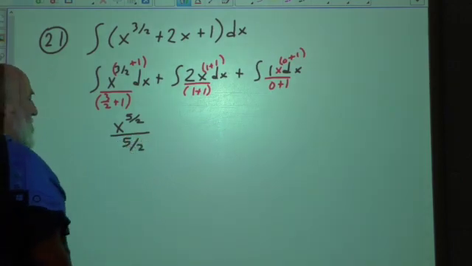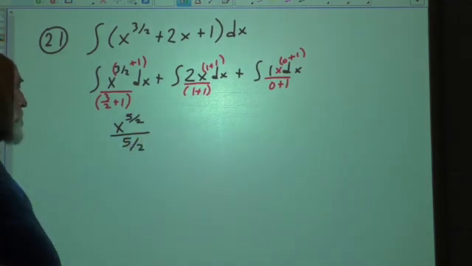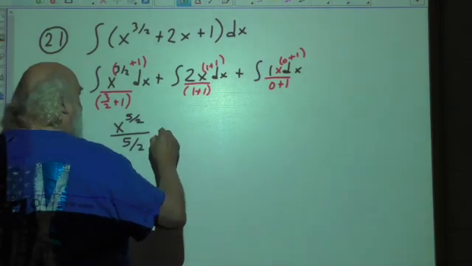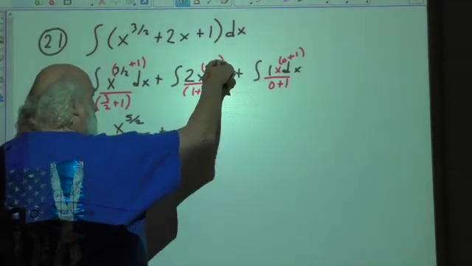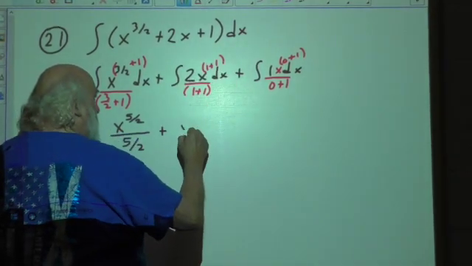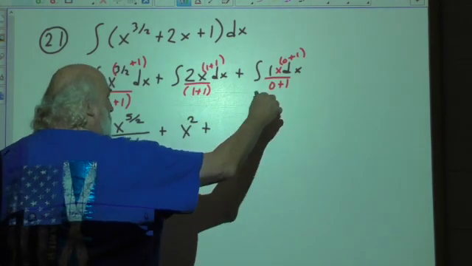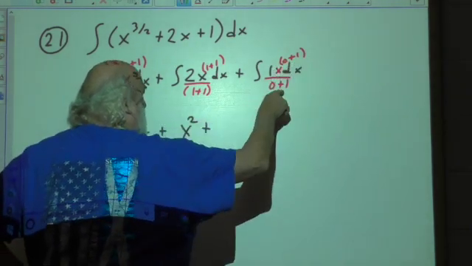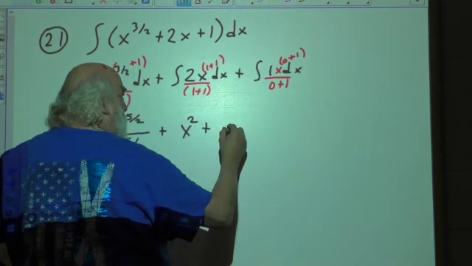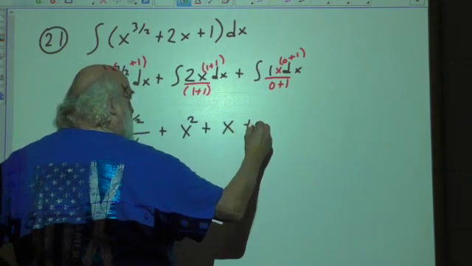We'll come back to that. That's what we've got right now. Plus 2x squared divided by 2, so that just becomes x squared. And this becomes x to the first power over 1 times 1, which is just x plus c.